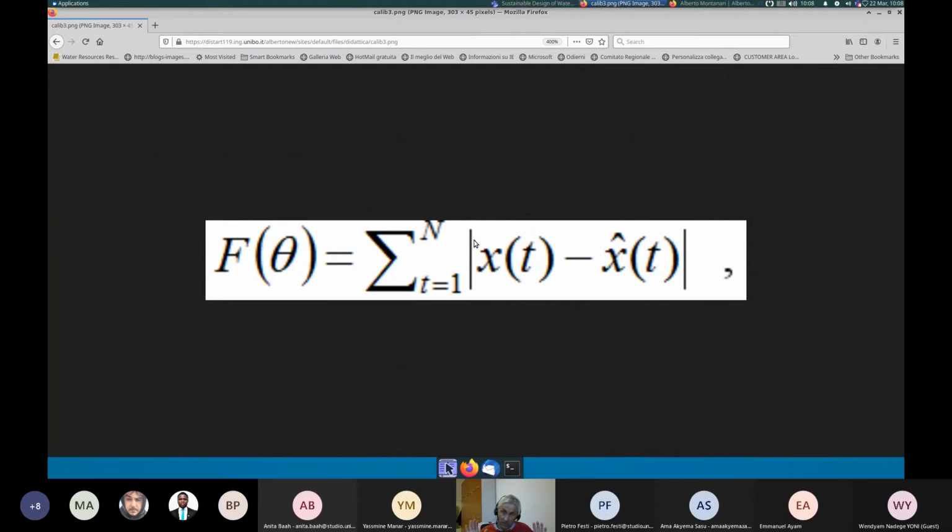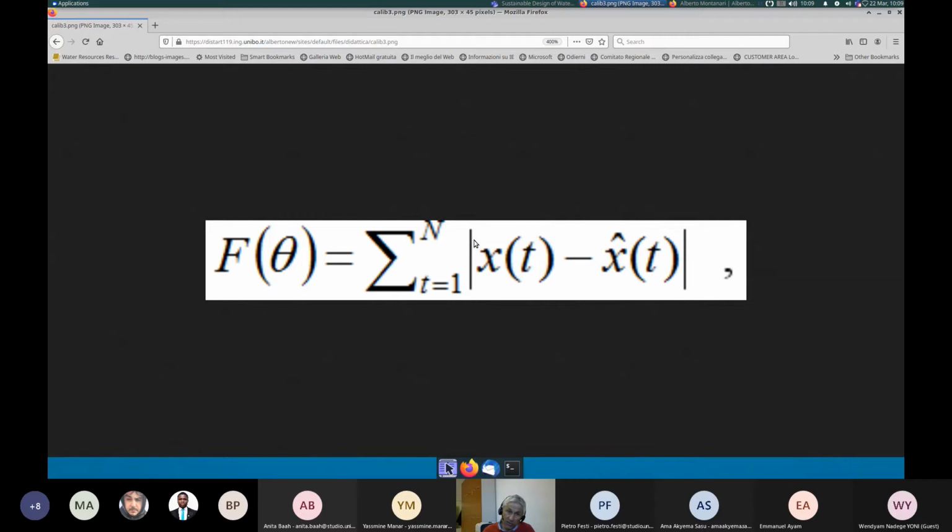Okay, this may be fine. But when do you have the larger errors in a rainfall runoff model? You get the larger error when you simulate the high flows.